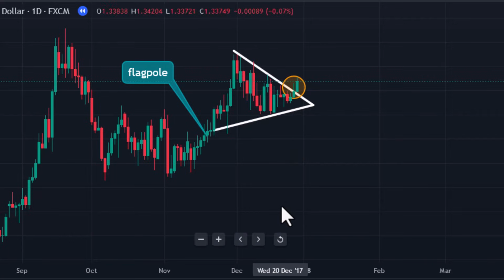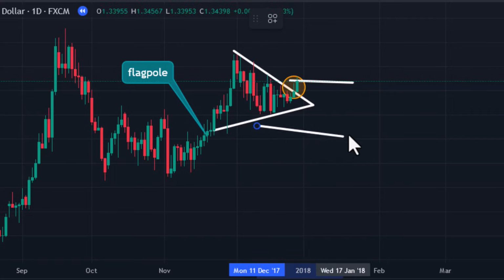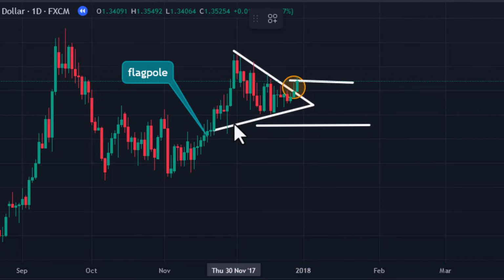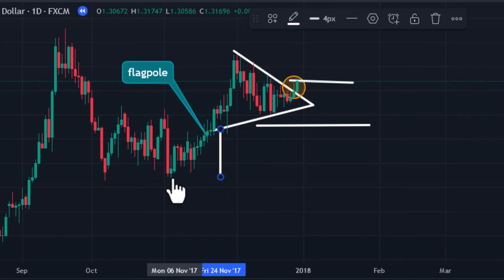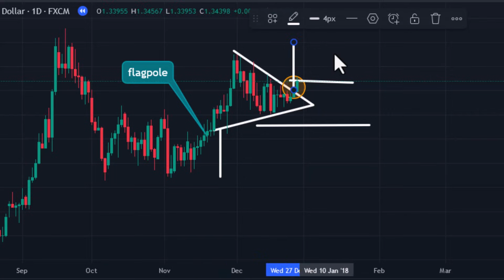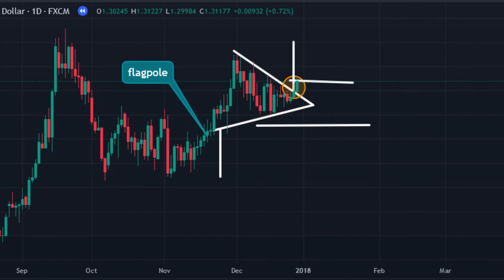So how do we enter this trade? Our entry can be here. Our stop loss beneath the pennant, somewhere around here. Our target, we measure from here down to this place. You see the target? Then we extend it to determine our target level.